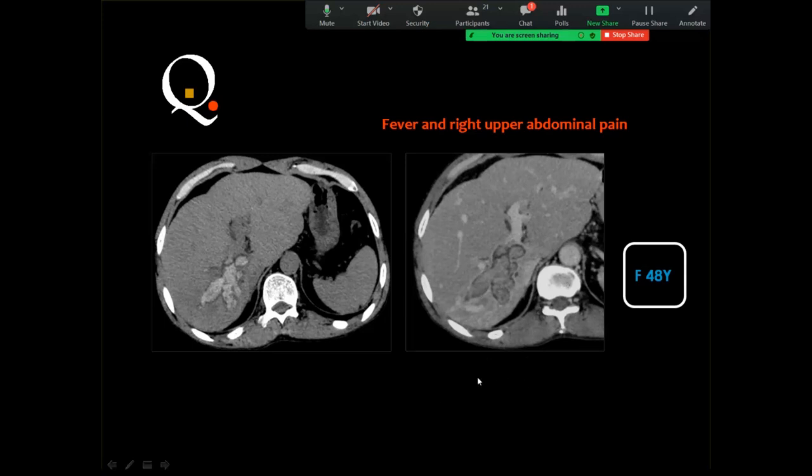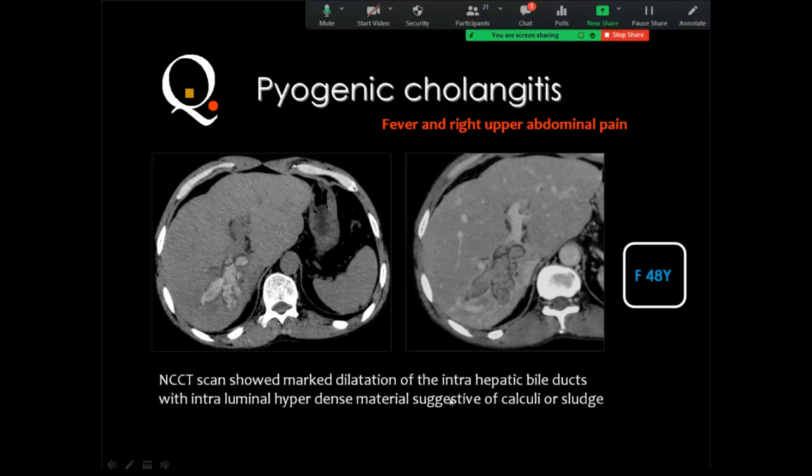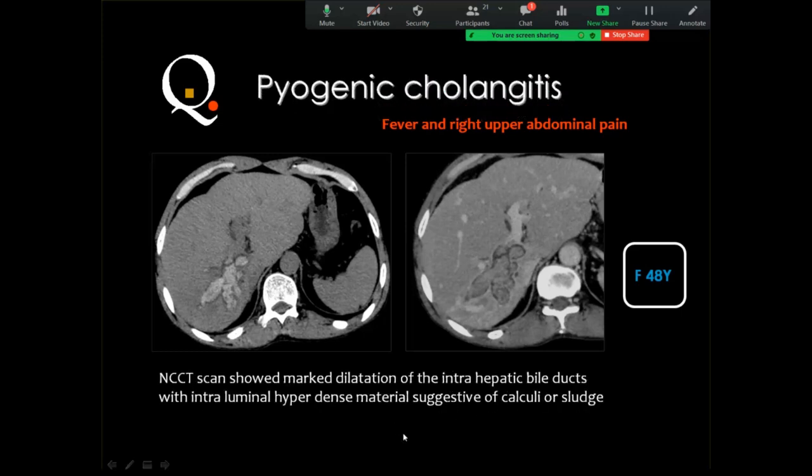You also know that the presence of stones or calcifications in the biliary radicals is diagnostic of oriental cholangitis or biogenic cholangitis. These stones can also be seen in cases of sclerosing cholangitis, but not as frequently as in biogenic cholangitis.